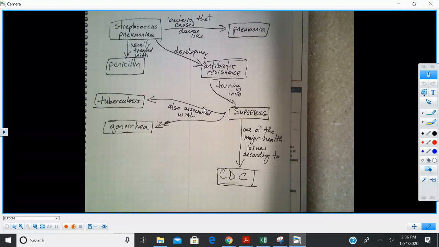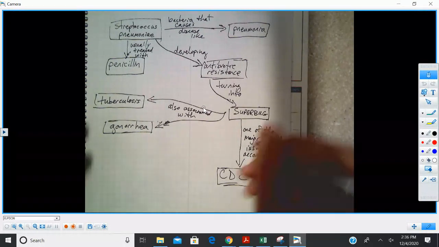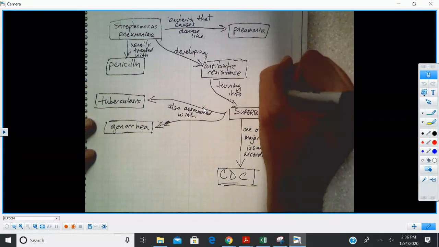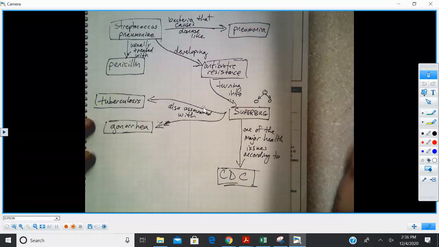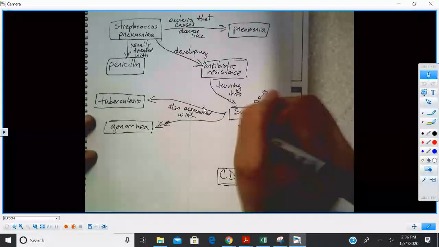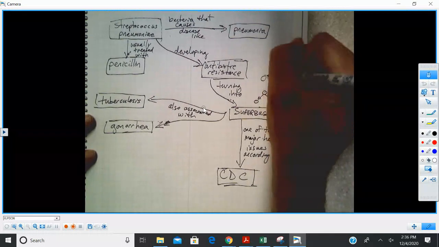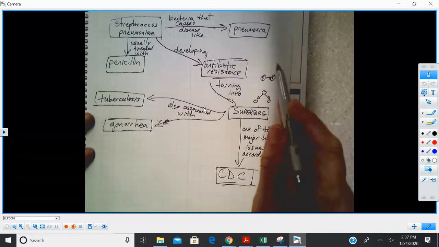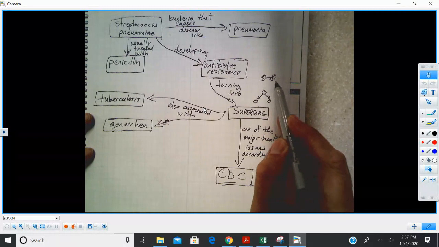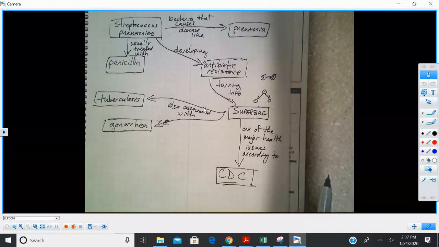Well, that bacterium can multiply and have more offspring, which would then be antibiotic resistant, right? Normally one cell becomes two. That's normal, that's cell division. But sometimes one cell can give its DNA to another cell. So this resistant one can make this one resistant by passing its DNA to it, all right?